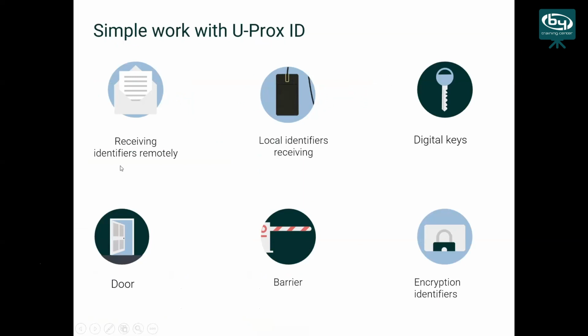Receiving identifiers remotely, so we can receive the credentials by email, as I say, and also we can have temporal access. In this digital case, we can have only temporal access, and we can retrieve it anytime we want.